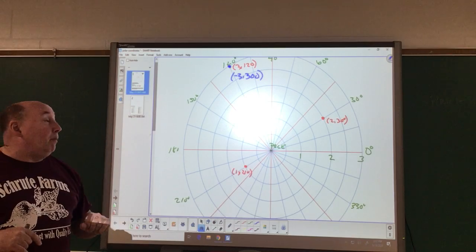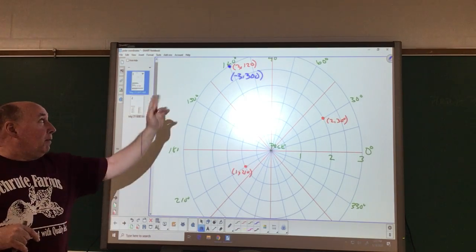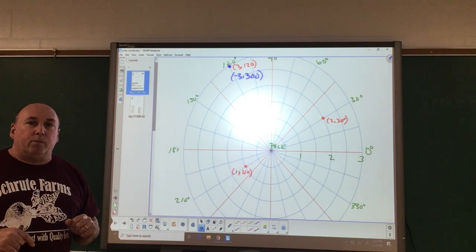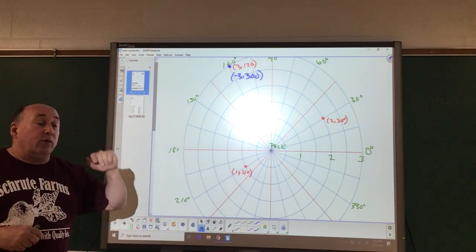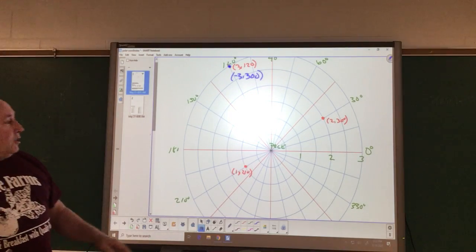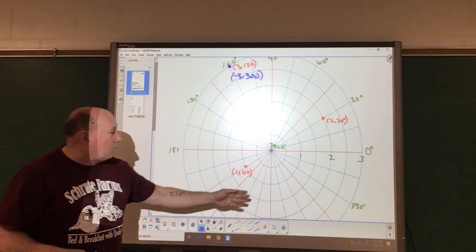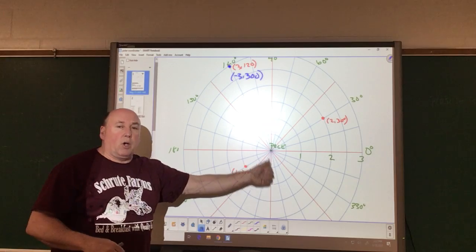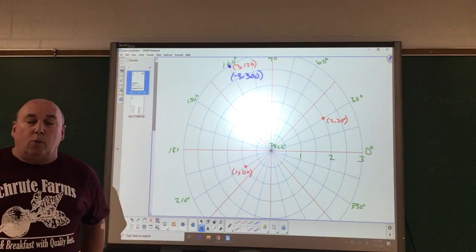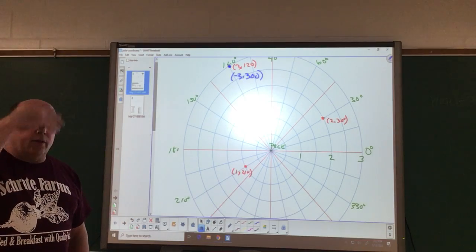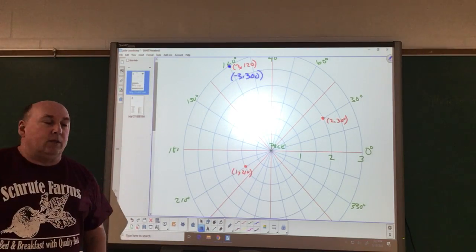It could be 3 and 120, or it could be -3 and 300. What I sometimes will do is put up a straight edge here to make sure I go opposite my 300 to go back to the 120 line and just count out 3 units. It just tells us to go in the opposite direction.